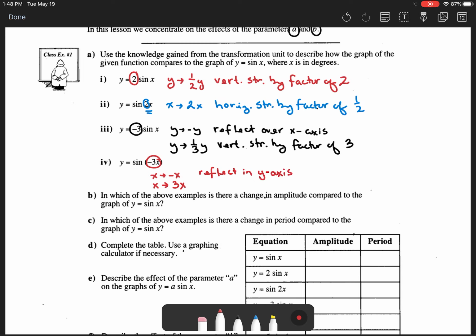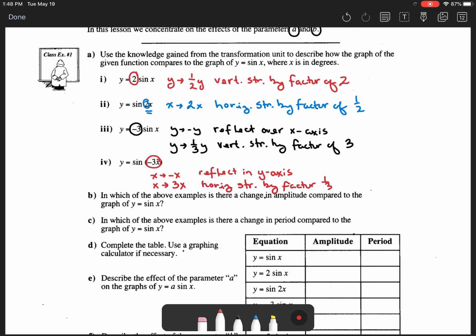And when I replace x with 3x, that is going to be a horizontal stretch by a factor of 1/3 about the y-axis. Hopefully you remember those replacements and how they are applied to our functions.